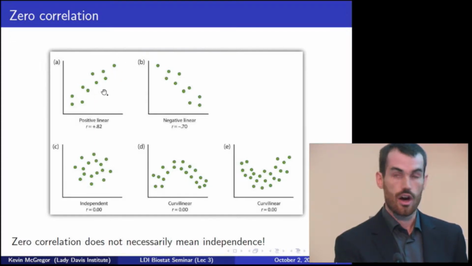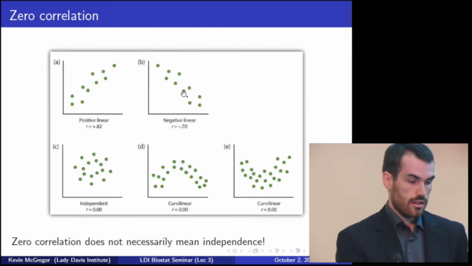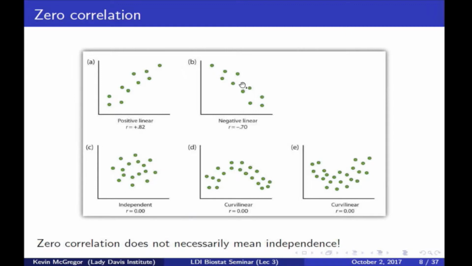So you're going to get R as a positive value. Here in panel B, we have a negative linear association between the two variables, and so we're going to end up with a negative value of R. And in the 3 panels in the bottom, these are 3 separate, very different cases where R turns out to be 0.